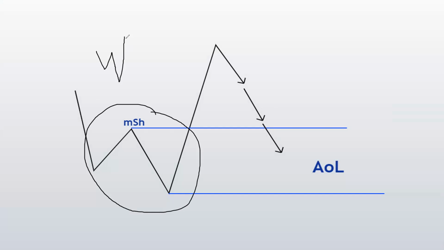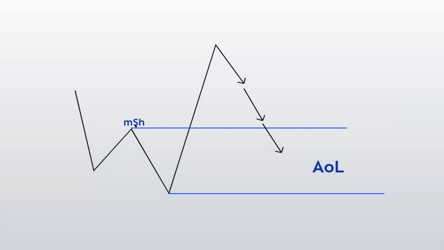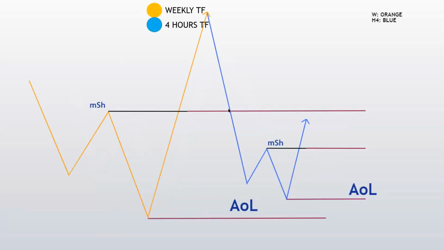But the market has a tendency of coming to what we call the point of interest, this area of interest.